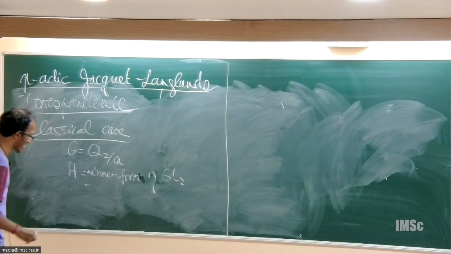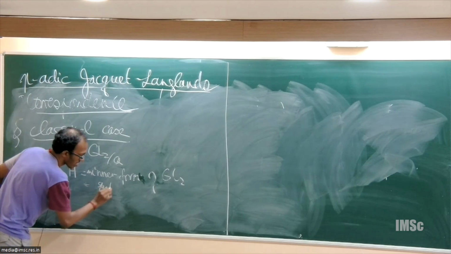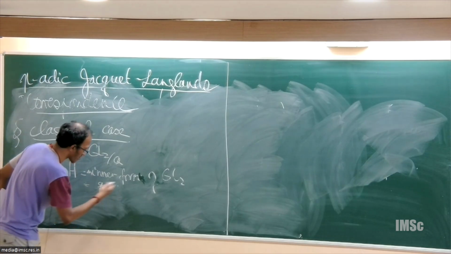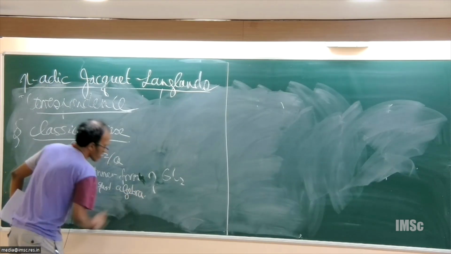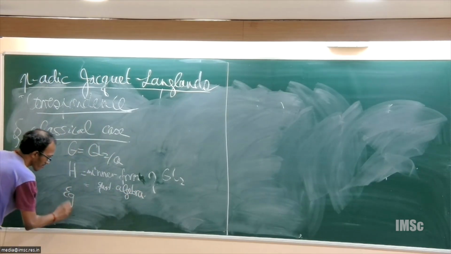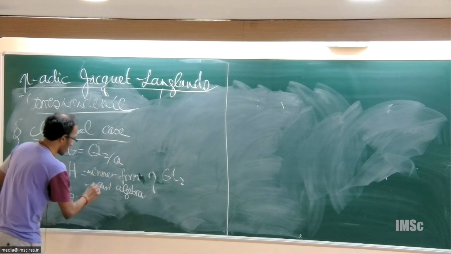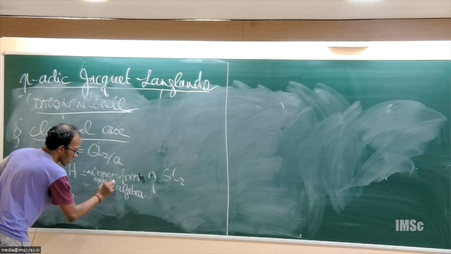What this really means is that it's a quaternion algebra. It's a central simple algebra of rank 4 over Q. So it's a quaternion algebra. For example, we take units in a quaternion algebra.